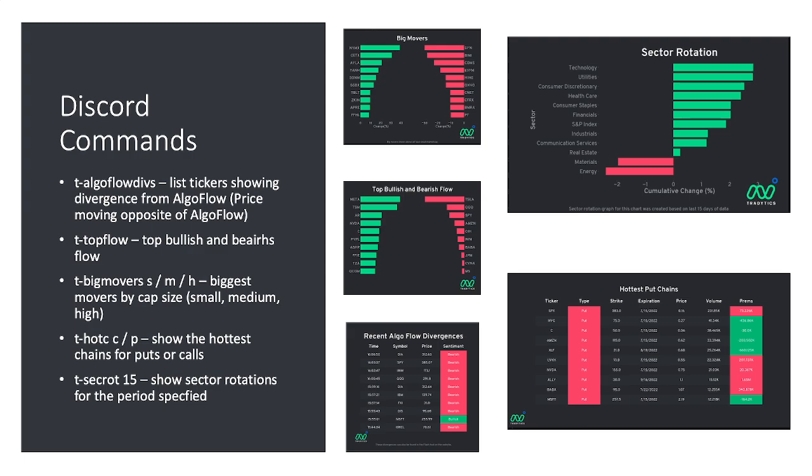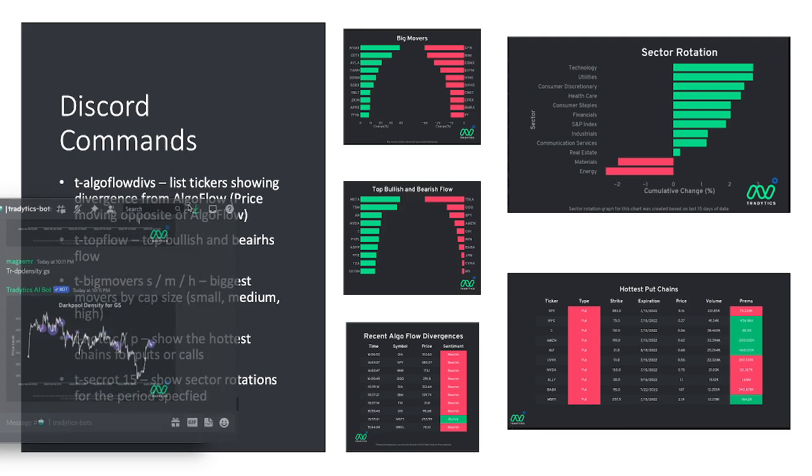The top flow command shows all the top bullish and bearish flow. Sorry for the typo there. Big movers, which you can filter by cap size, which is nice. The hot chains for both calls and puts, and then sector rotations, which can be useful, especially if you break a sector down further and you want to analyze it a bit to pick the best names within that sector.